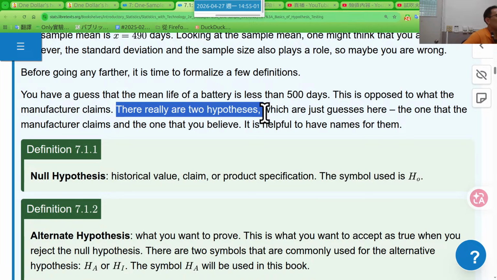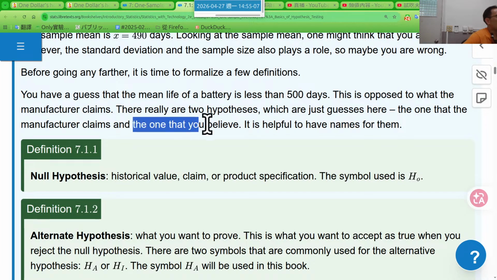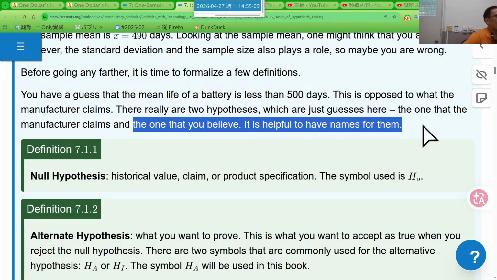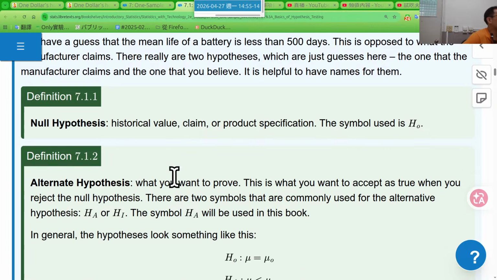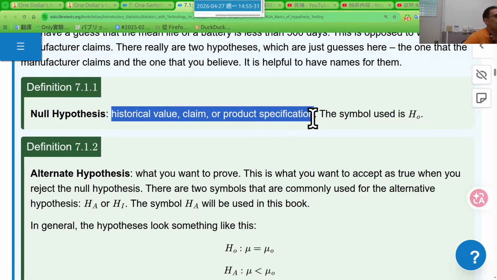There really are two hypotheses: what you guess here, and the manufacturer's claim, which is the one you doubt. It is helpful to have names for them. Definition 7.1.1: the first one is called the null hypothesis, and the second one is called the alternative hypothesis. The null hypothesis is the historical value, claim, or product specification.